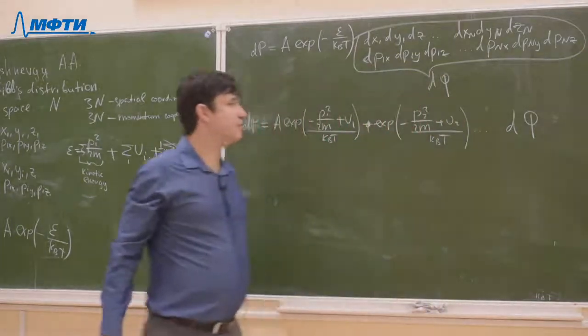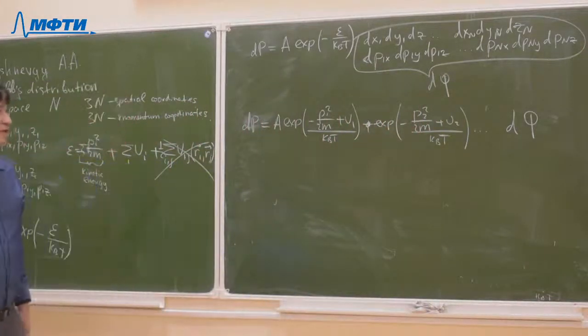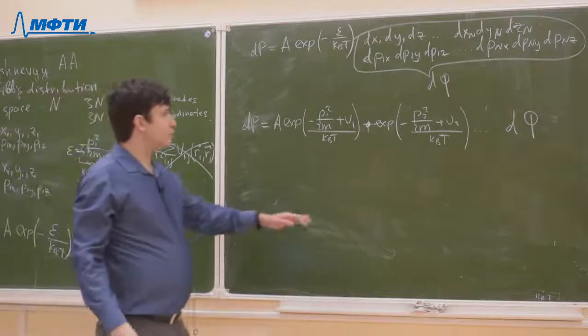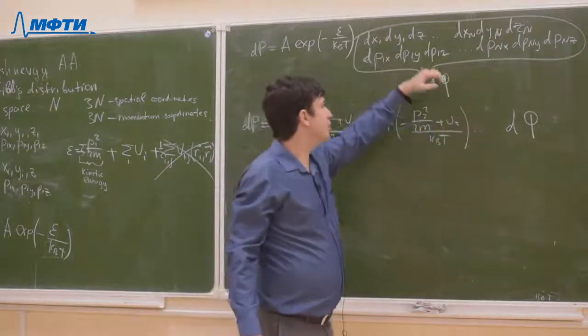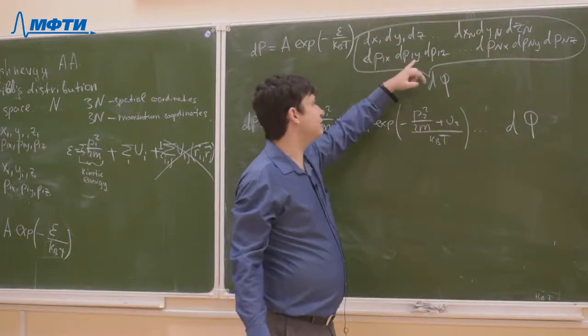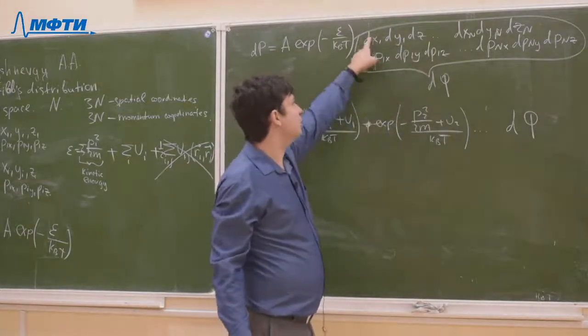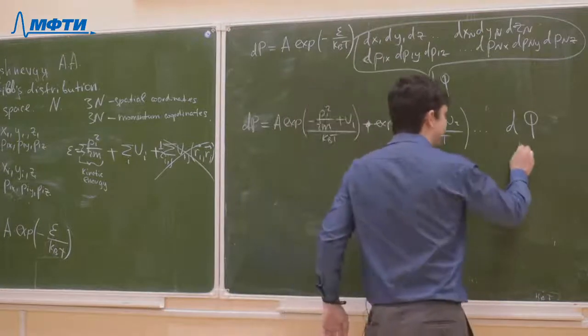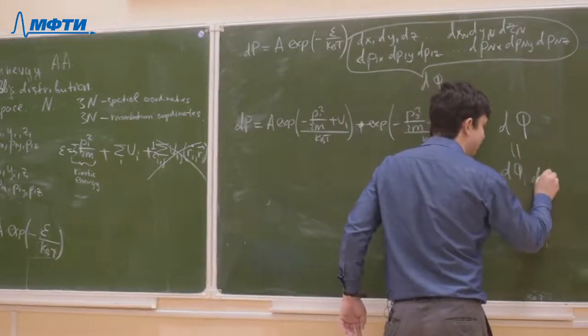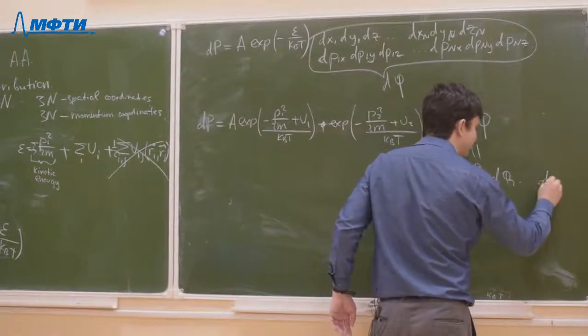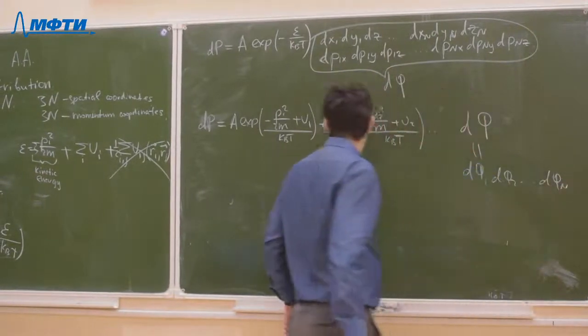So everything multiplied by an element of a phase space. So in an element of phase space, I can separate it into elements of phase space related to each of the molecules. So I can express d phi as d phi 1, d phi 2, and so on and so forth to d phi n.